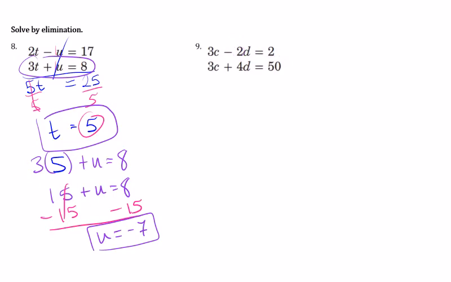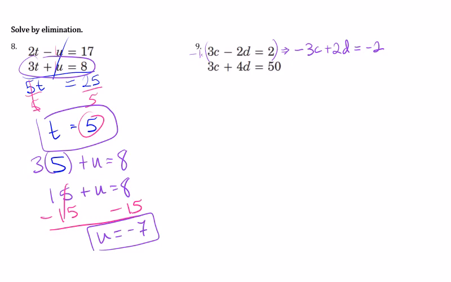I think it's probably a little easier to multiply by -1, so I'll do that. I'll multiply this top equation by -1, so it'll turn into -3c minus 2d, or excuse me, plus 2d, sorry, because I have to multiply everything by -1. And then -2. Multiplying by -1 just changed the sign of everything in the equation.